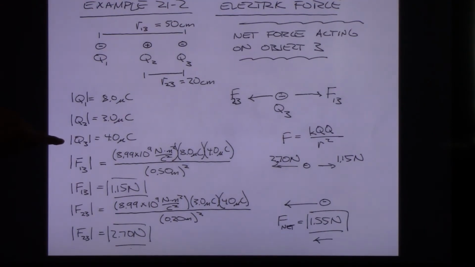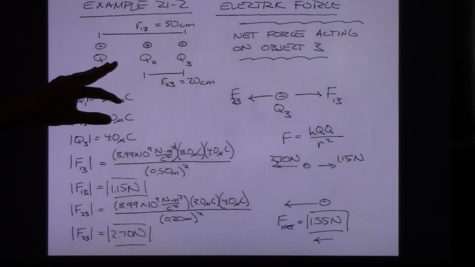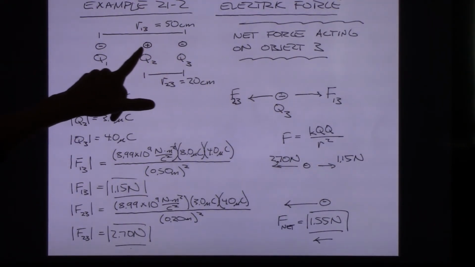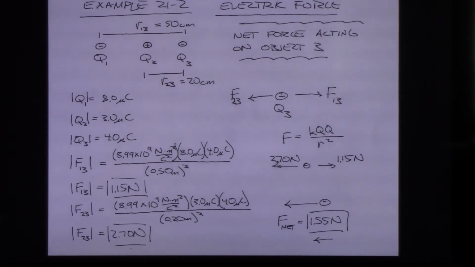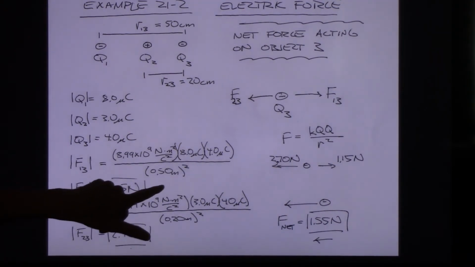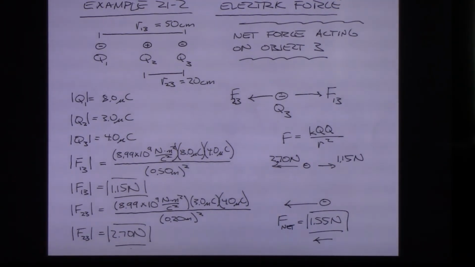Now notice, on the diagram, I've already identified the direction of the forces by looking at positive and negative signs. Once that's done, I don't need to deal with plus and minus signs on my charges. So I just looked at the magnitudes of the charges and calculated my forces from that. For the force acting between objects 1 and 3, I was able to use the force formula to determine that it was 1.15 newtons.